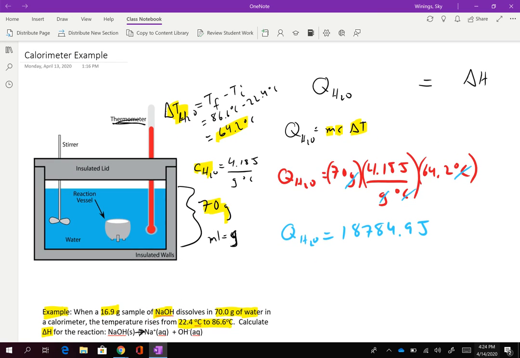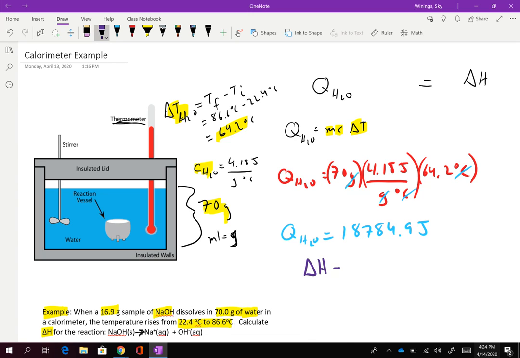If I want to find my enthalpy, it's the opposite of that. So my enthalpy turns out to be negative 18784.9 joules.